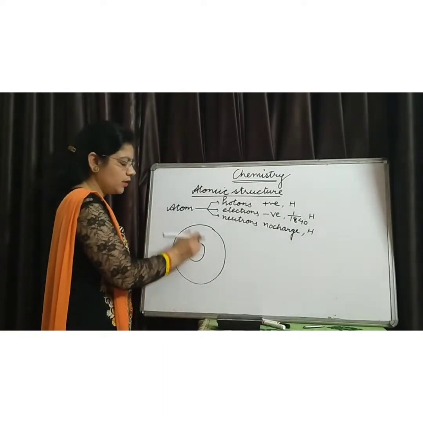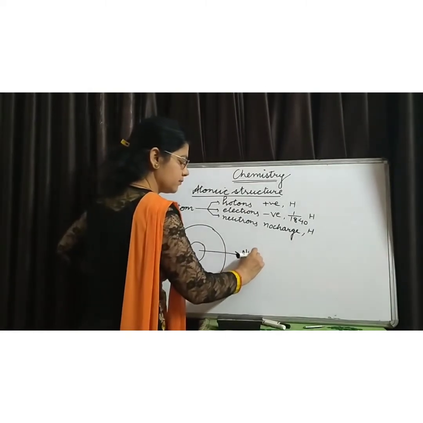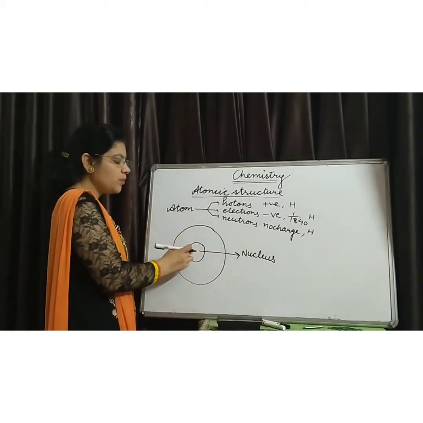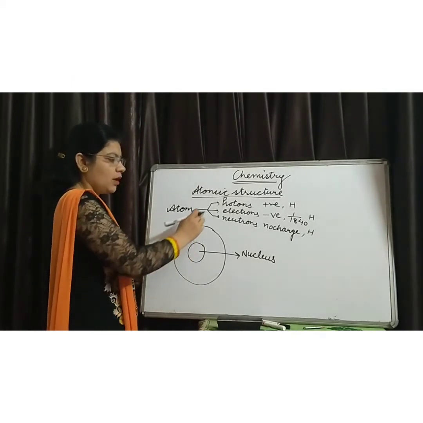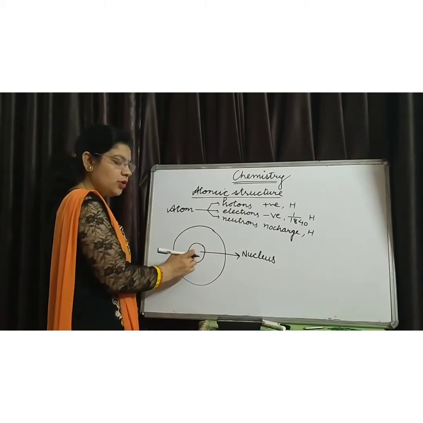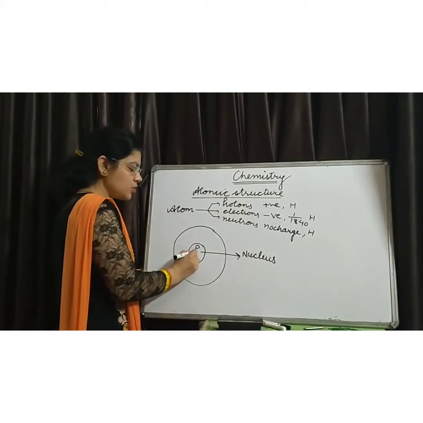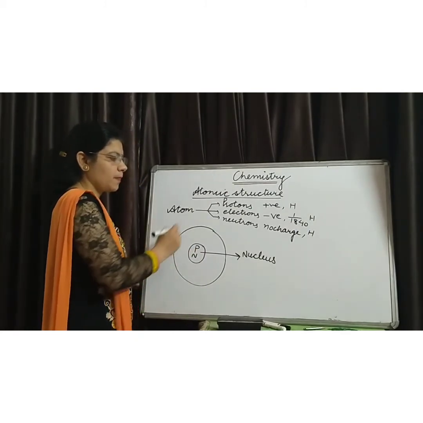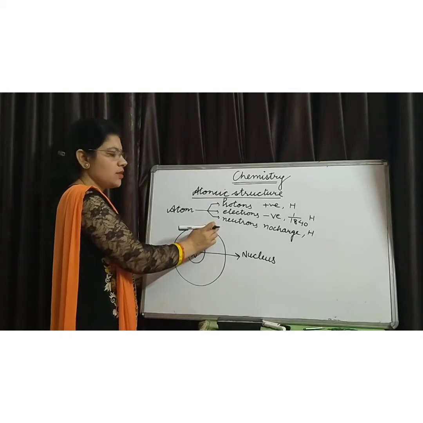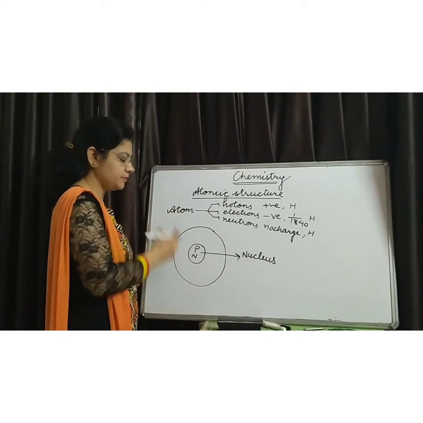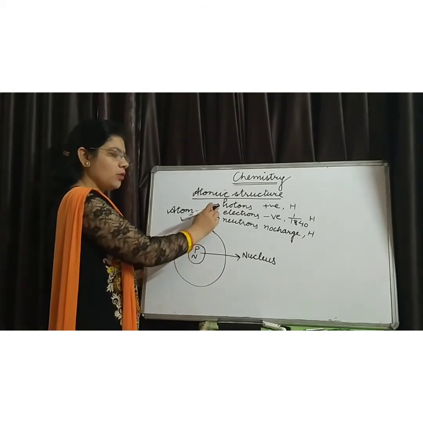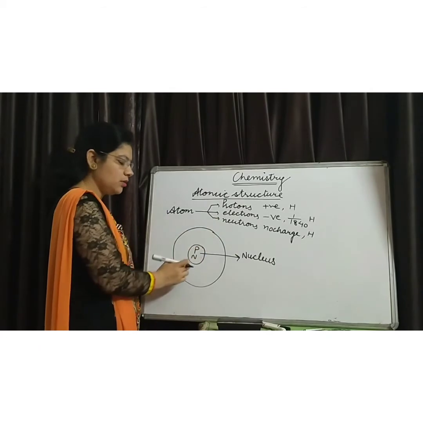The central part of the atom is known as the nucleus, in which all the mass of the atom as well as all the positive charge is present. The positively charged particles are protons, so in the nucleus protons as well as neutrons are present, because these two particles have the main mass of the atom. Neutrons are the neutral particles.